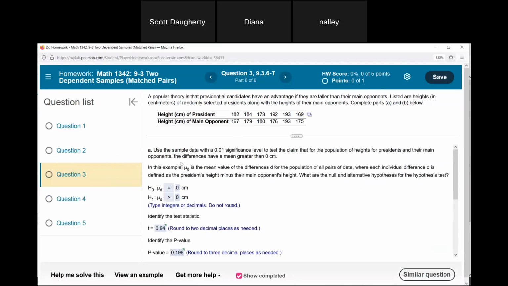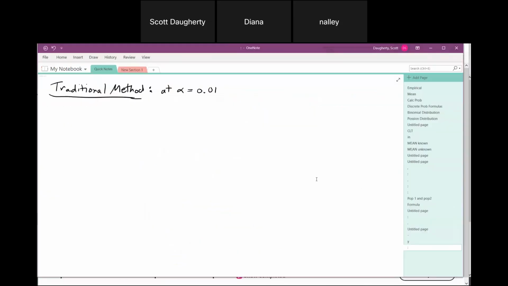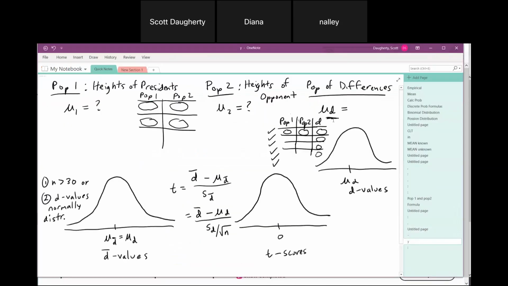The claim again is that the differences have a mean greater than 0. And they're talking about the population of differences for all presidential elections. So again, they're claiming that if you average up these differences between the matched pairs for every single election, the average of these differences will be greater than 0. So the claim is that mu sub d is greater than 0.